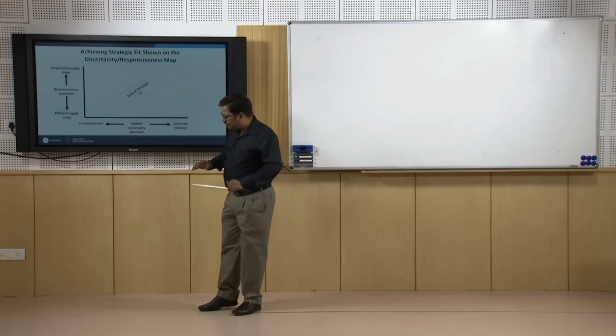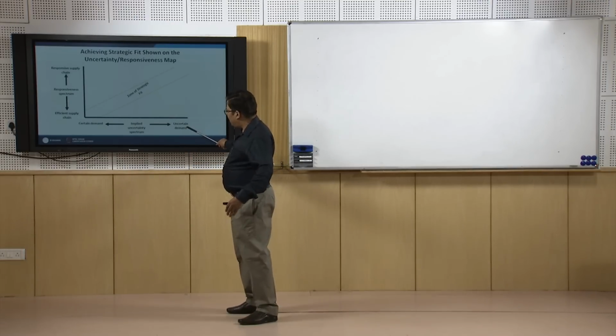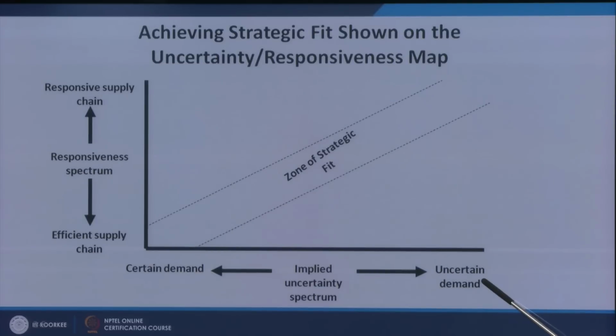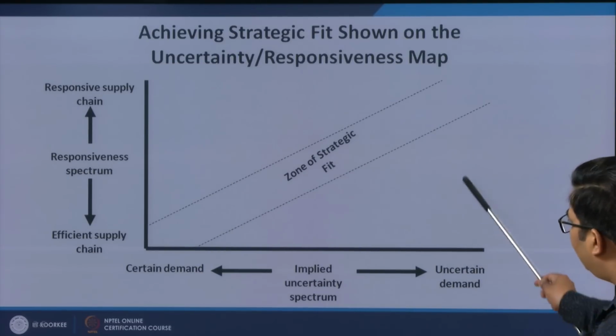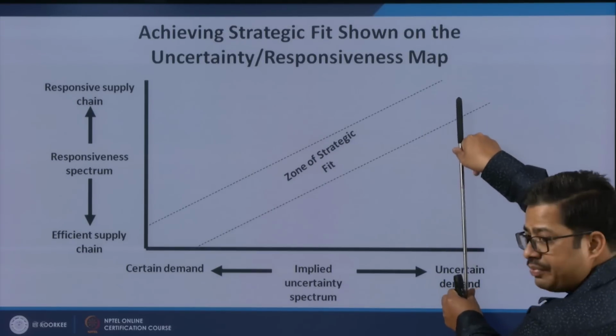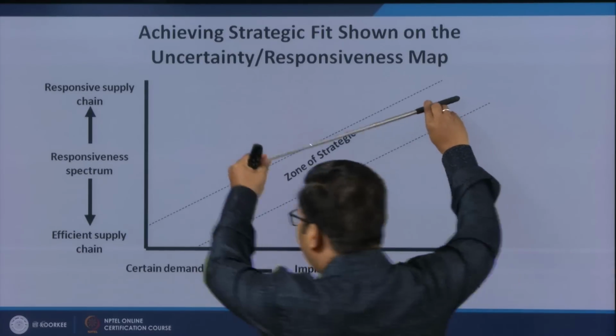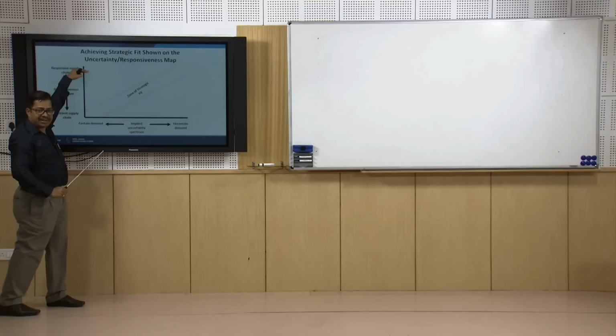For an example, if I am towards this uncertainty side, so if I project this uncertainty into this graph, appropriately I need a more responsive supply chain.